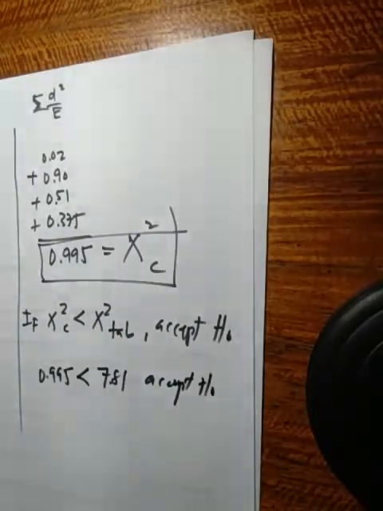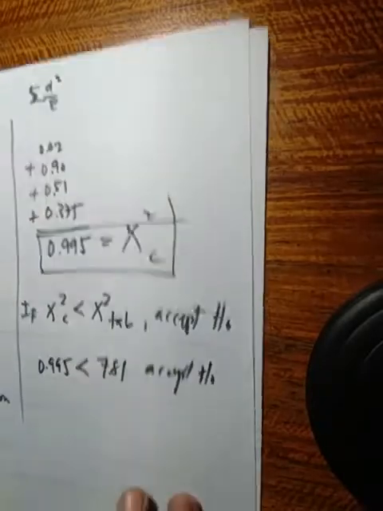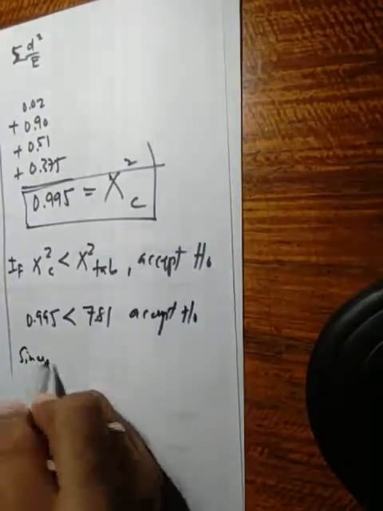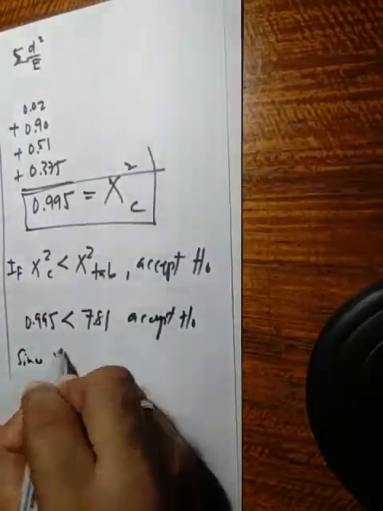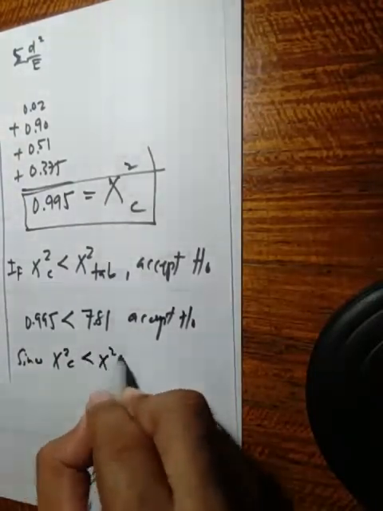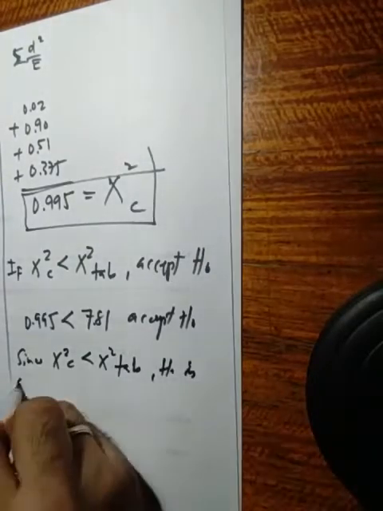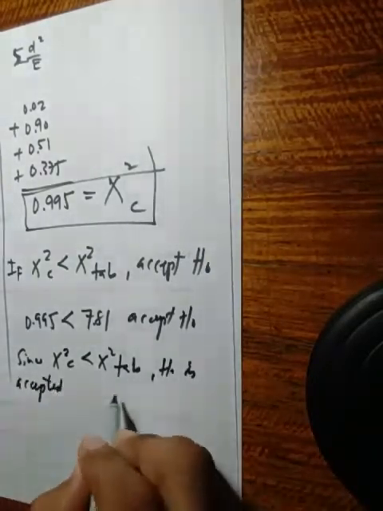Therefore, the conclusion would be: since chi-squared computed is less than chi-squared tabulated, HO is accepted.